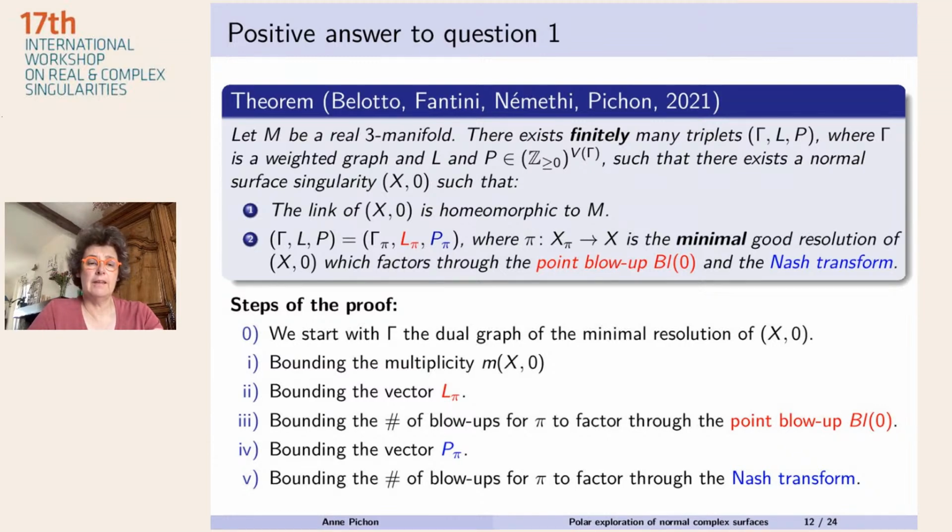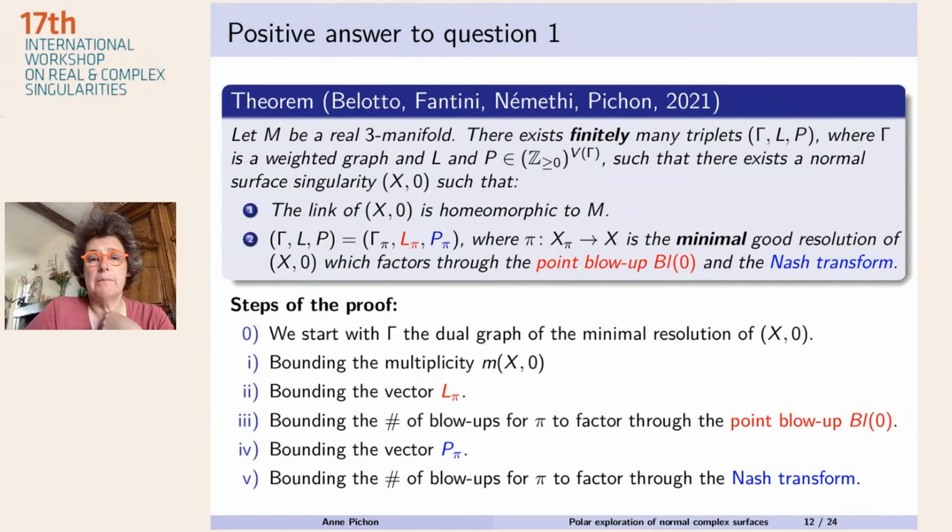After that, second step, we are able to bound the vector P pi, and then last step, we are able to bound the number of blow-ups for pi to factor through the Nash transform. So these are very natural steps, okay? And I will give more details now on the proof.